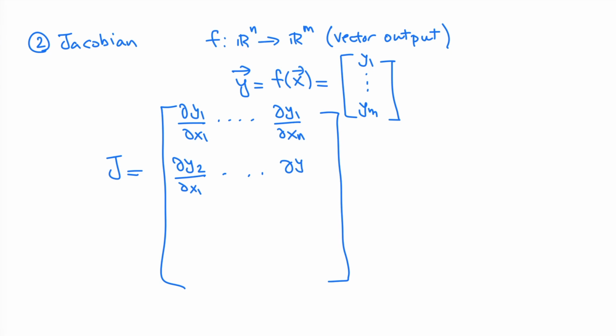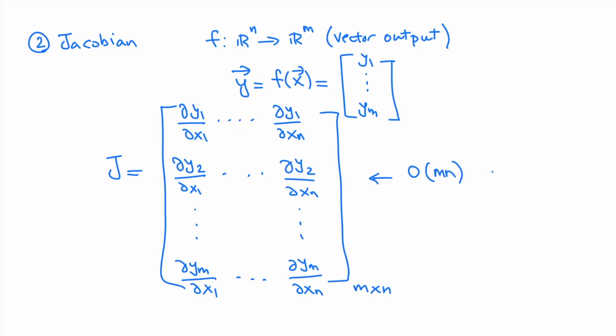Then the second row, we pick the second output, which is y2, and we find all these partials. And we continue this until we get to the mth row, where we take ym and we find these partials. For example, partial ym with respect to x1, partial ym with respect to xn. So therefore, this matrix is actually of size m by n.